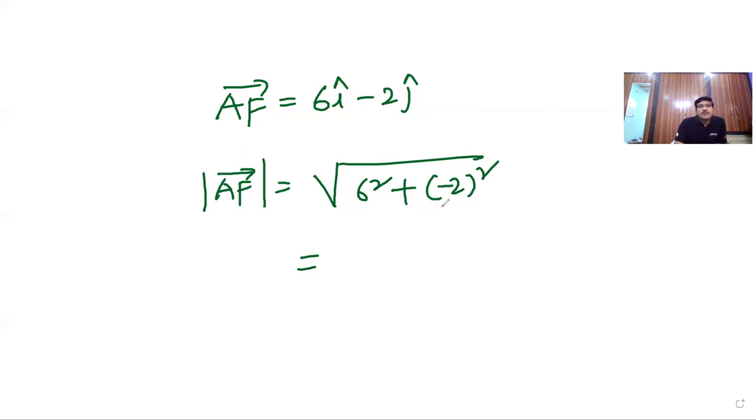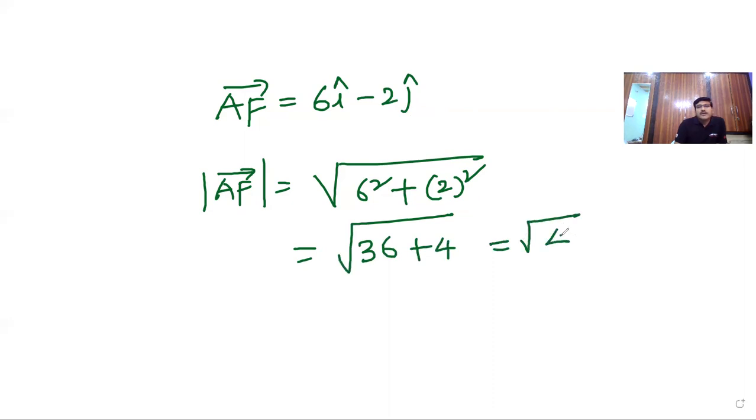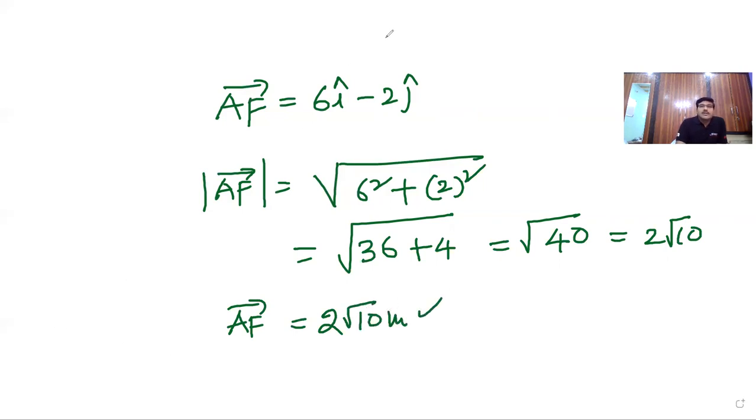You can directly write 2 squared. So 36 plus 4 is root 40. So root 40 is 2 root 10. AF bar is 2 root 10 meters. This is the magnitude. Clear? Which is the same as that of the previous simple mathematics. Also, we got the same magnitude. Even if you use vectors, the same thing.